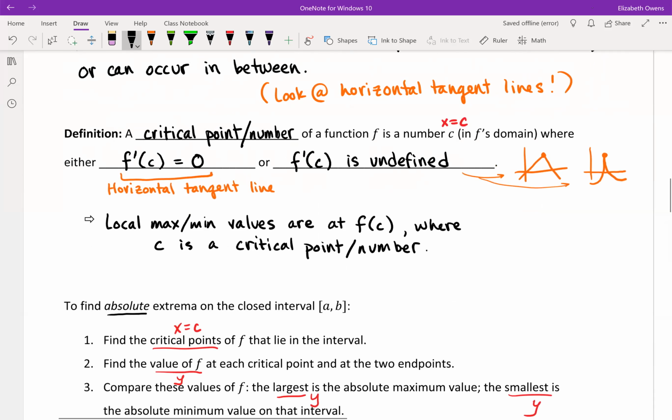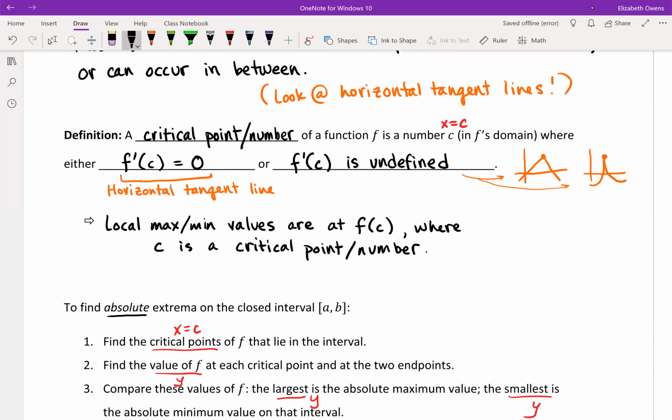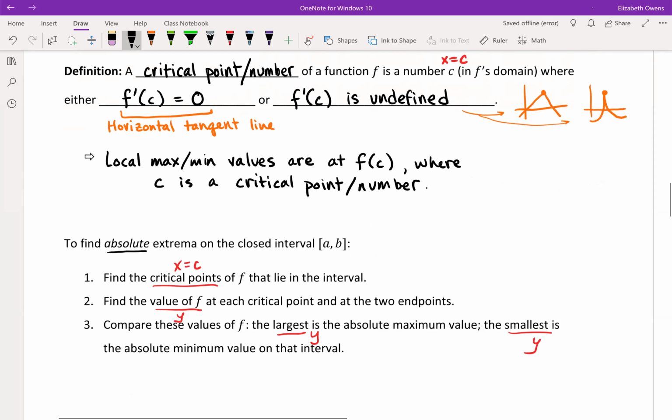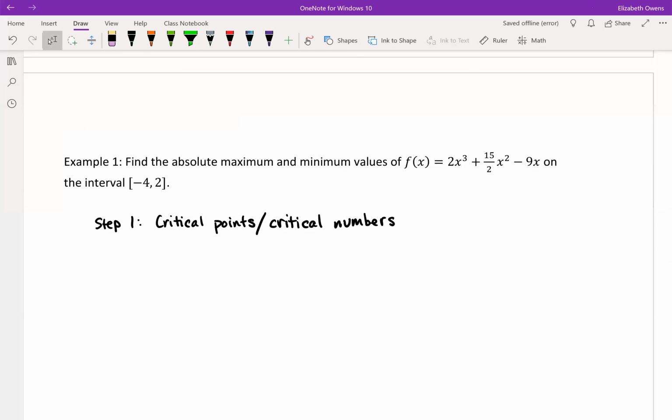It's either where the derivative equals 0 or where the derivative is undefined. So let's take the derivative of our function here, f prime of x. And no need to do anything fancy with this. We can just use power rule. So that would give us 6x squared plus 15x minus 9. And that would be our derivative.